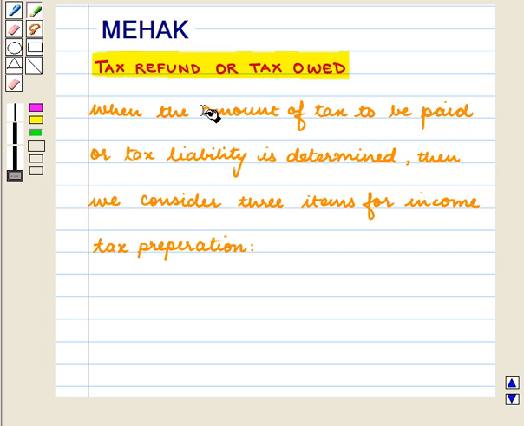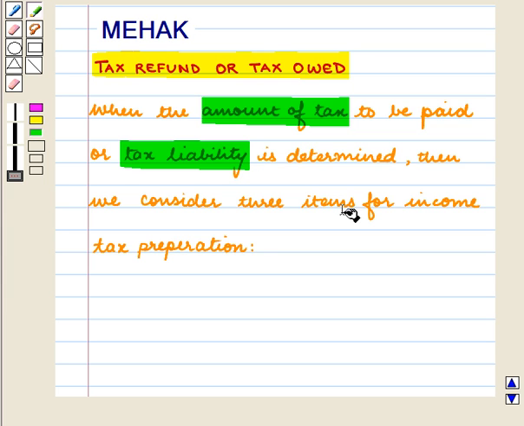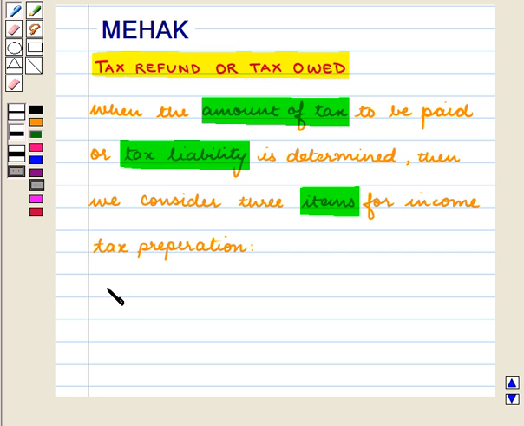When the amount of tax to be paid or tax liability is determined, then we consider three items for income tax preparation: tax credit, other taxes, and payments. Let us start with the definitions of all three items.